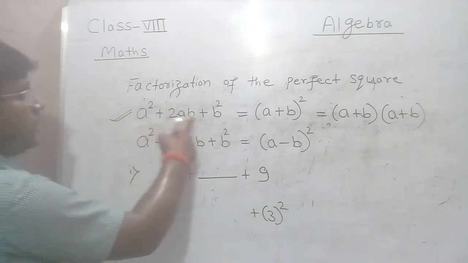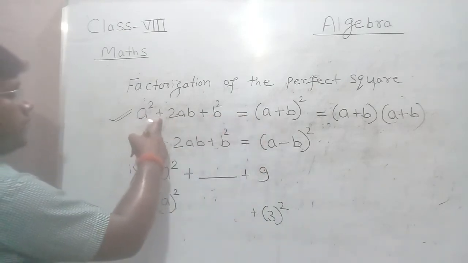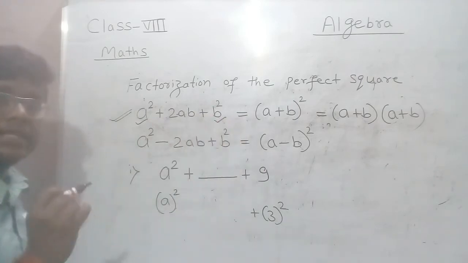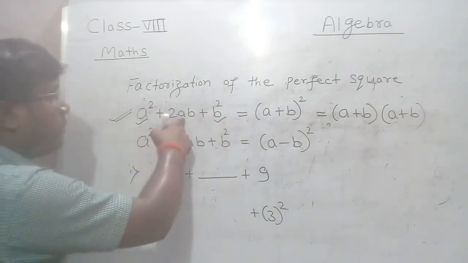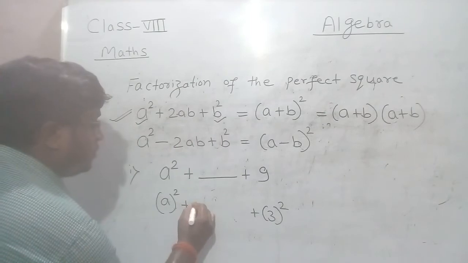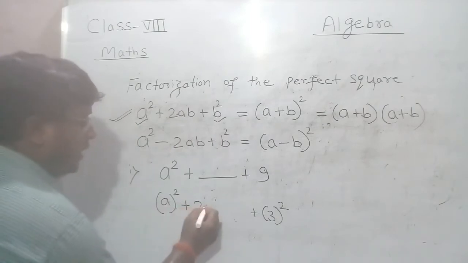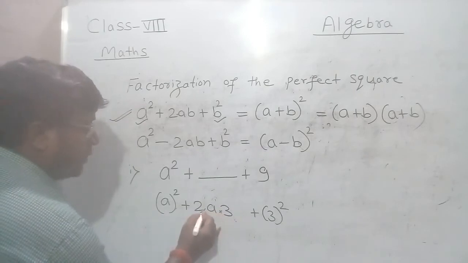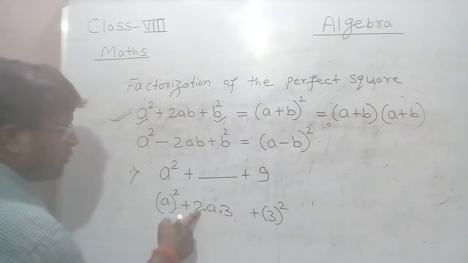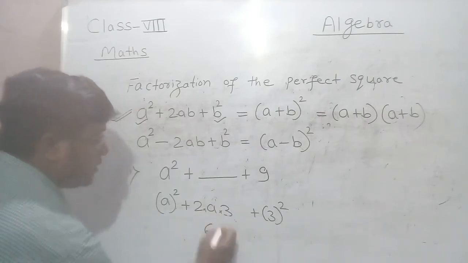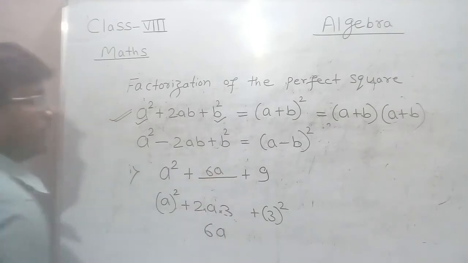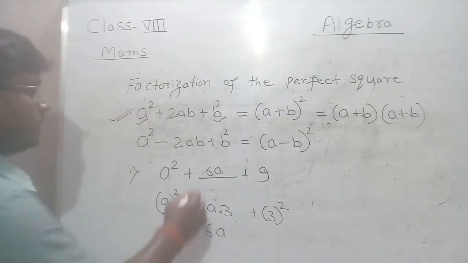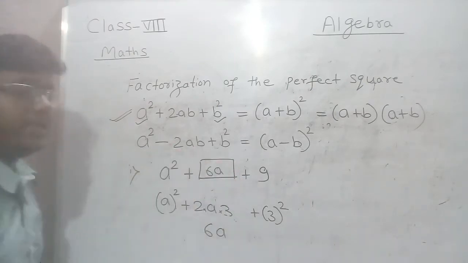According to the formula, these two terms are the square terms. What must be in the middle? That is 2, a is the same a, b is 3, and here it is the multiply sign. So 2 times 3 is 6, that is 6a must be here. So a square plus 6a plus 9.